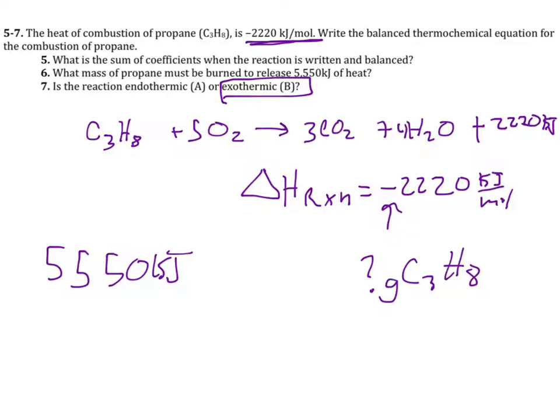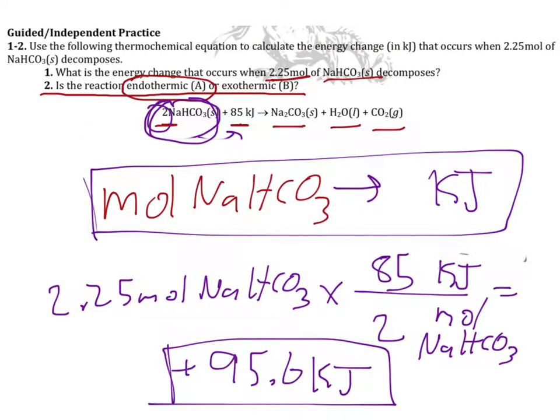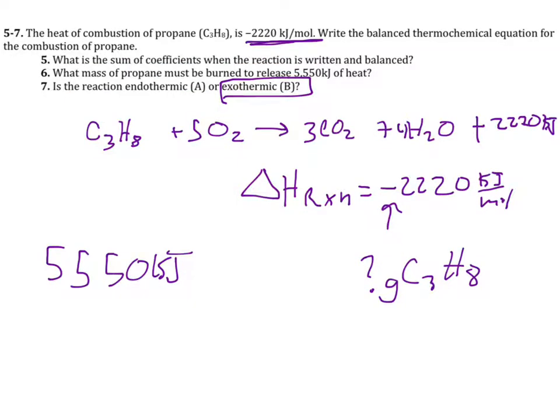So again, just like this problem here, if we had moles of one substance, we can convert it to kilojoules using the thermochemical equation. Well, in this situation, if we have kilojoules, we can go from kilojoules to moles of that substance.